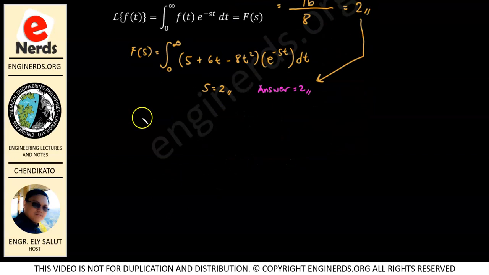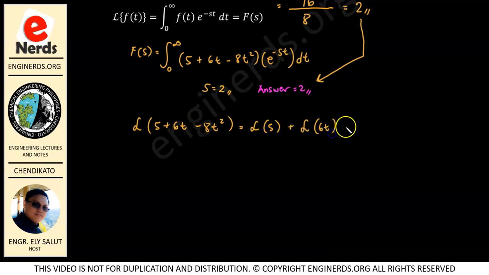Okay? We need to get the Laplace transform of 5 plus 6t minus 8t squared. So, this could be equal to the Laplace transform of 5 plus the Laplace transform of 6t minus the Laplace transform of 8t squared.